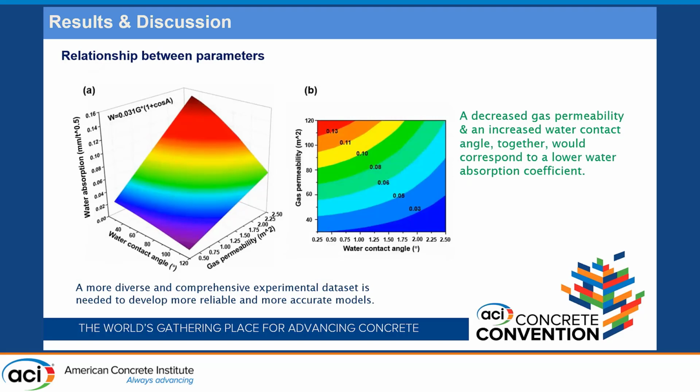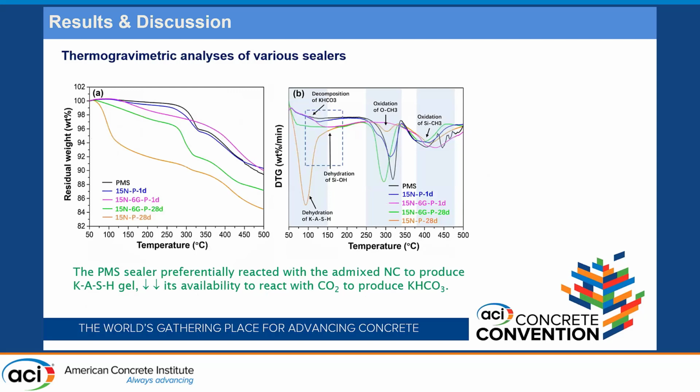Here we also run the thermogravimetric analysis to see what's going on under this condition. This yellow curve is the PMS sealer with nanoclay at 20 days. And we find it looks like the TGA result of cement.